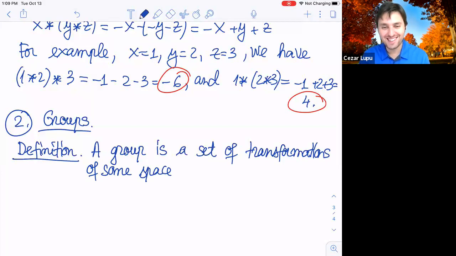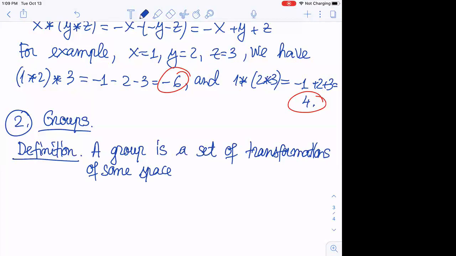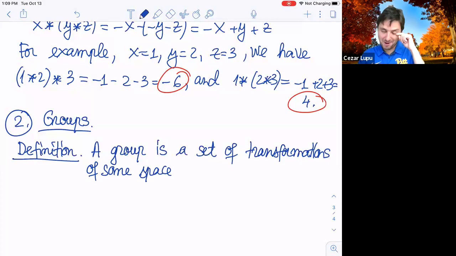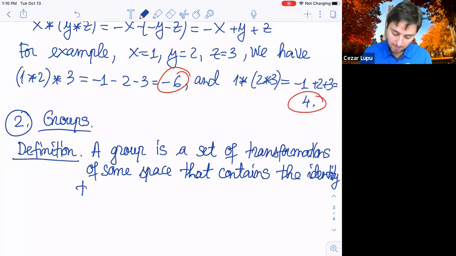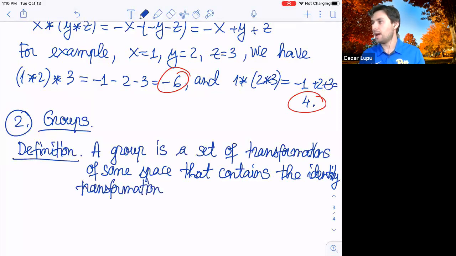So this is what Dimitri taught you in the category course, Jack. Yes, that's correct. It's a group with only one object. All right, so this is a set of transformations of some space that contains the identity transformation.